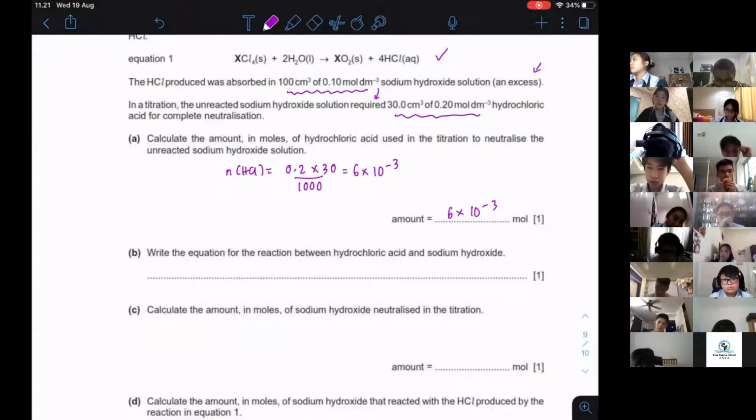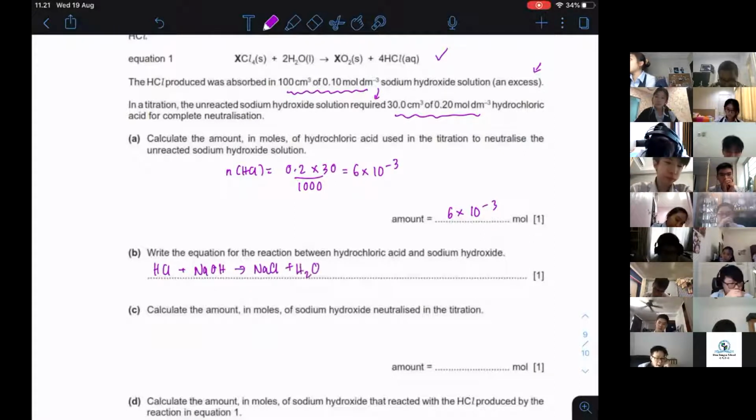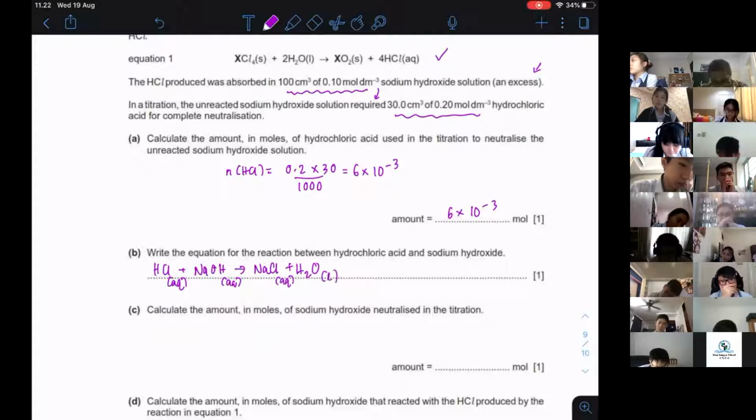No need. Now write the equation for the reaction between hydrochloric acid and sodium hydroxide. Everyone should know how to do this. So it's a neutralization reaction. It gives you salt and water, and it is perfectly balanced. So you just put aqueous, aqueous, aqueous, and liquid. So calculate the amount in moles of sodium hydroxide neutralized in this reaction.